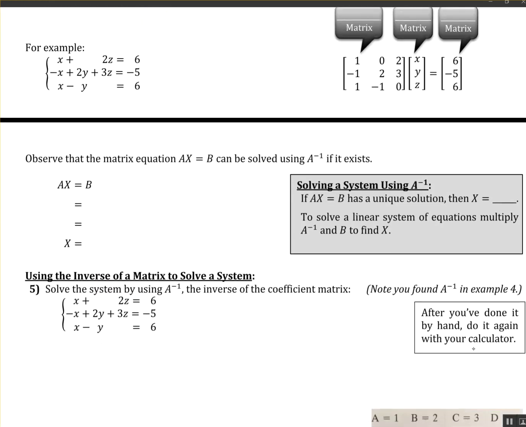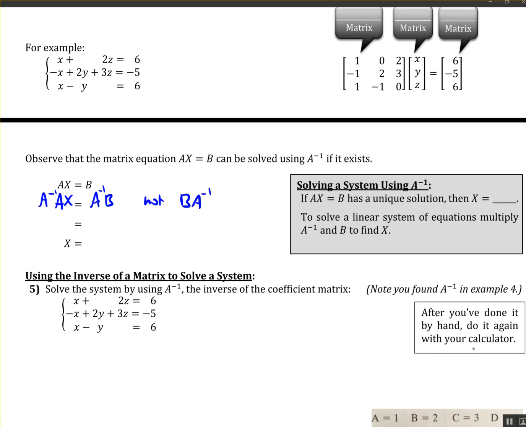So if AX equals B, what I can do is multiply both sides by A inverse. If I multiply the left side of the equation by A inverse, I have to multiply the right side of the equation by A inverse. I cannot just do BA inverse like that, because remember, matrix multiplication does not commute.